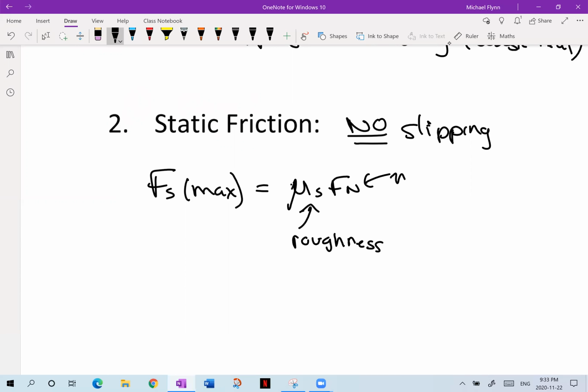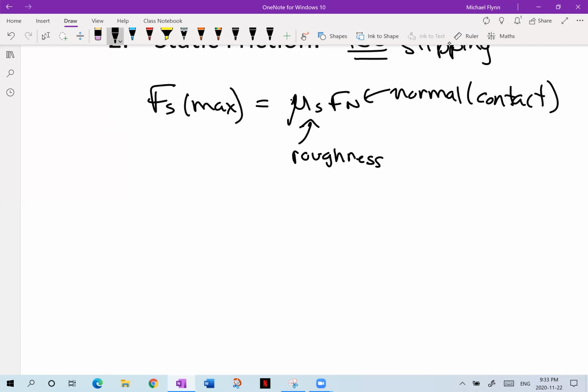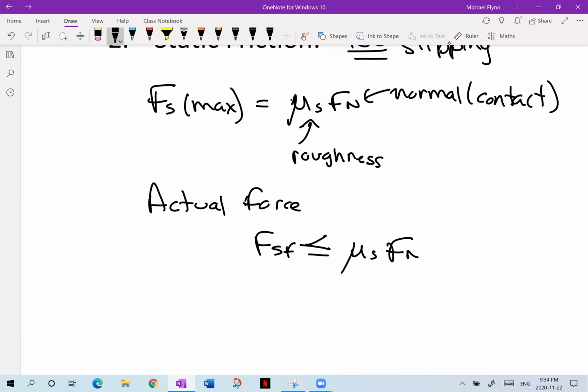And this is the normal force. So this is how much contact you get between those two surfaces, right? Now, the thing about static friction is the actual force of static friction is usually just a matching thing. So the actual force of static friction can be written like this. It's less than or equal to the coefficient of static friction times the normal force.